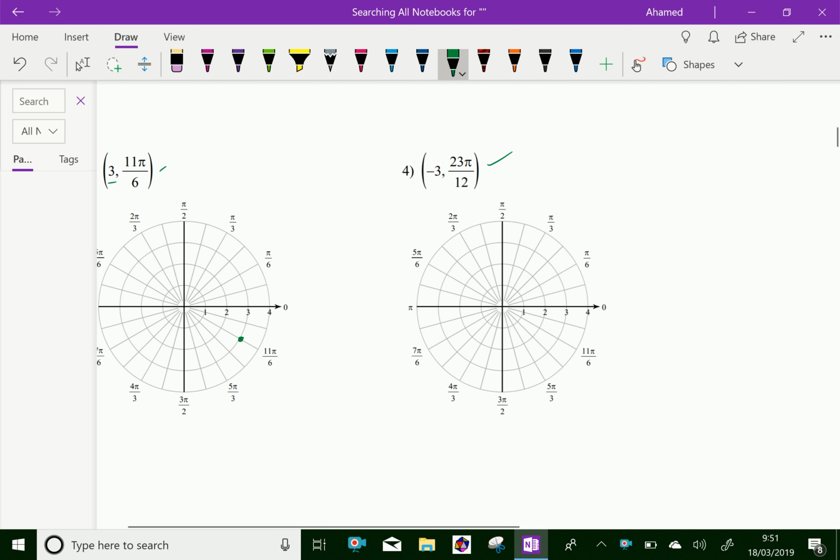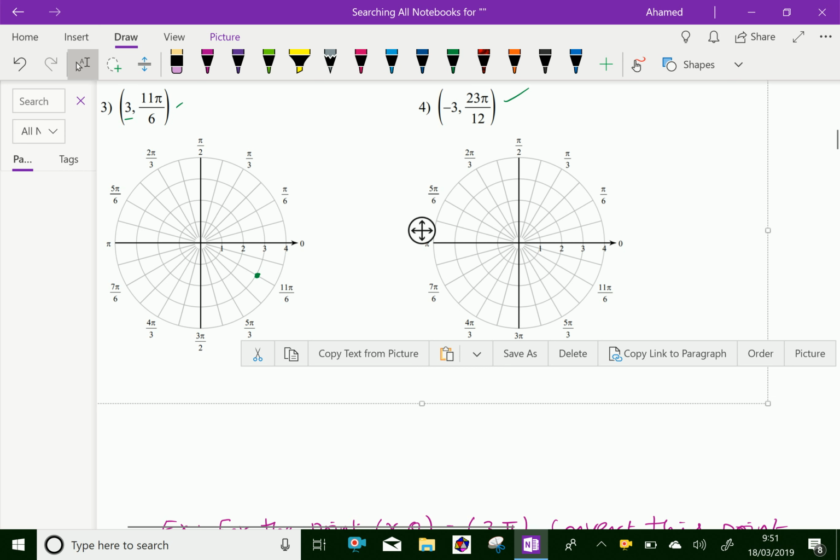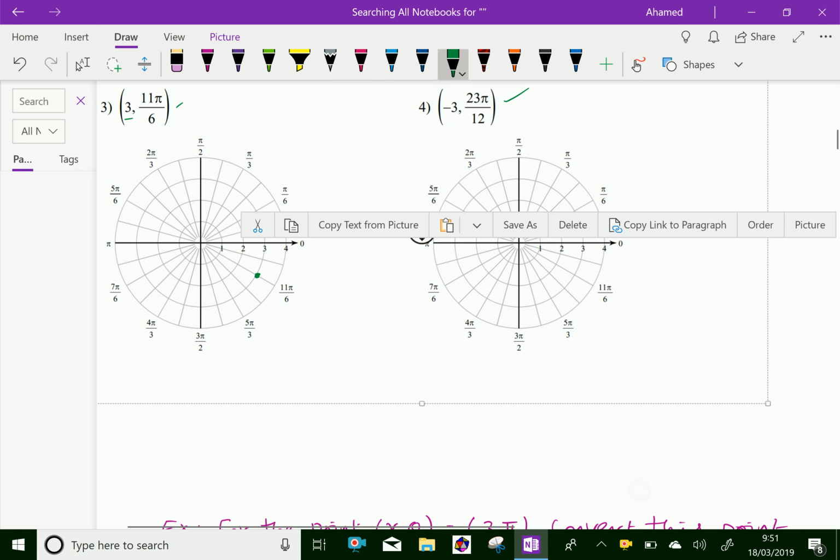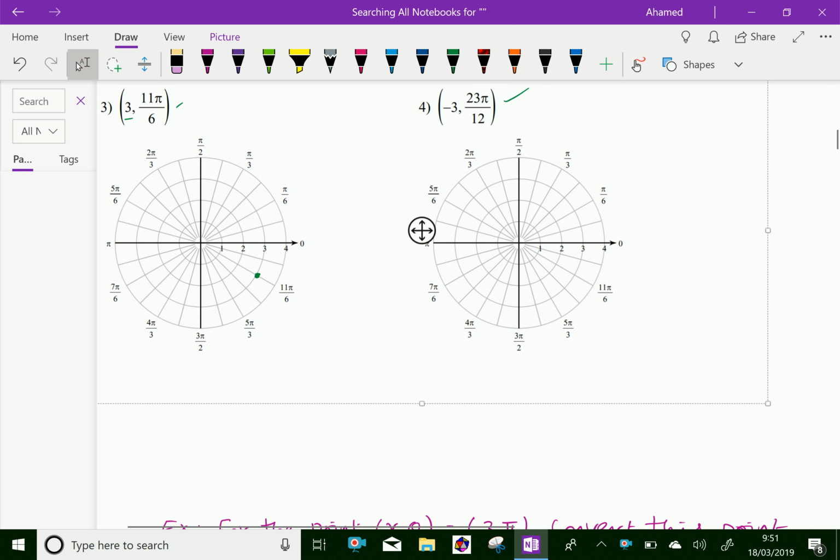Here first let us consider it as positive, that means positive 3 comma 23 pi by 12. Here 23 pi by 12 is in between 0 and 11 pi by 6, which means 11 pi over 6 plus 0 divided by 2.